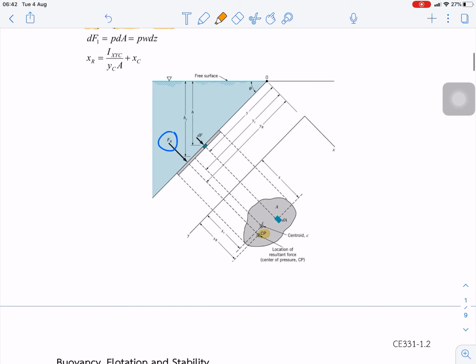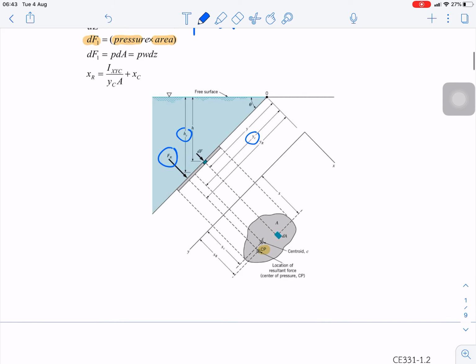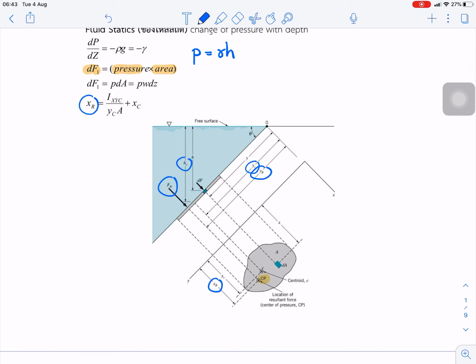We have parameters, for example Hc, the depth of the centroid, and Yc, the length along the y-axis to the centroid. For the location of the force we have Yr and Xr, where Xr is the location of the center of pressure. We can estimate it based on this equation: the moment of inertia divided by Yc times A, plus Xc, to get the center of pressure.